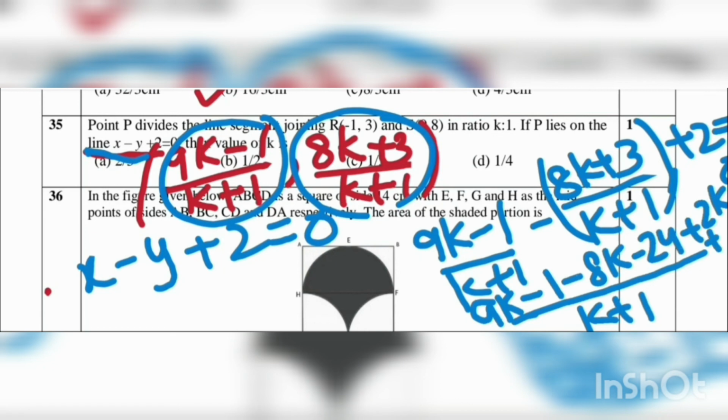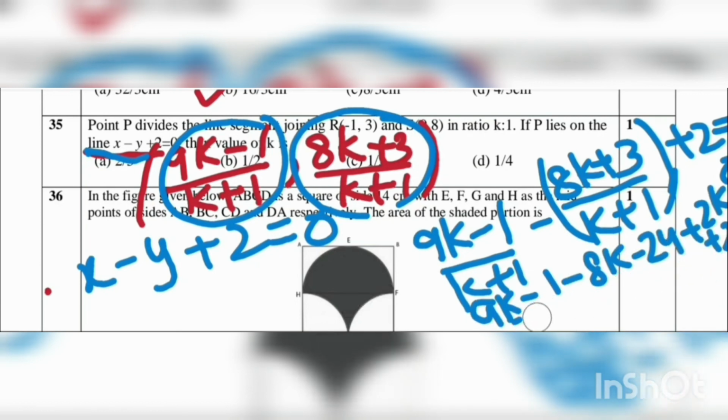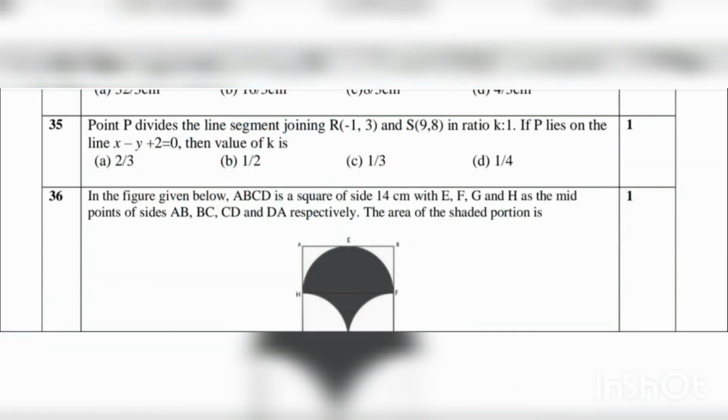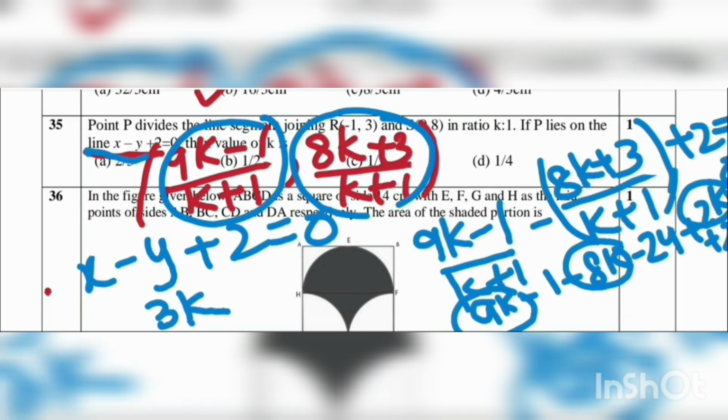Now this k plus 1 will go to the right side and will get eliminated. So we can simplify this. When we simplify, 9k minus 8k will be 1k, plus 2k will be 3k. Then 2 minus 1 is 1, minus 3. So we will be having 3k minus 2 equals 0.